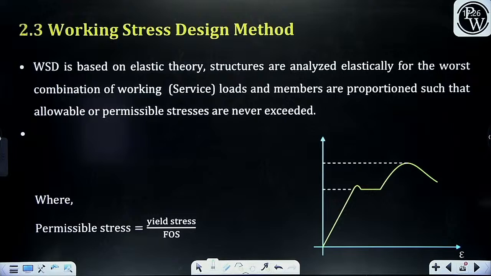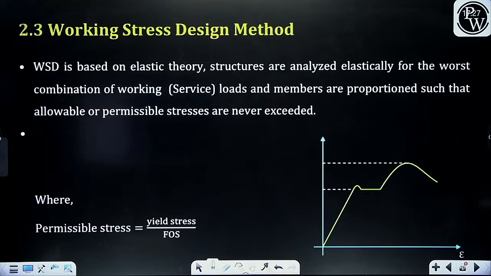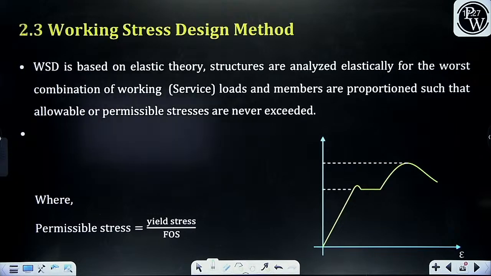I will tell the student to do. Is it okay? I am proceeding further.